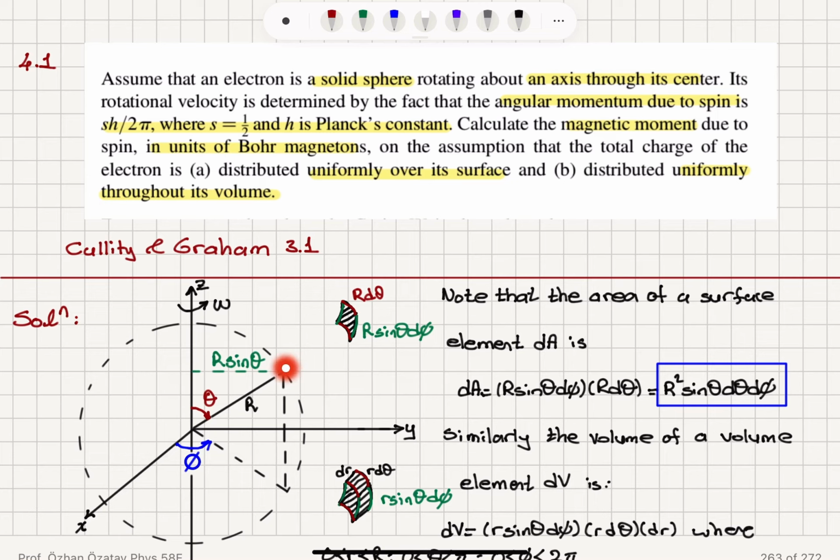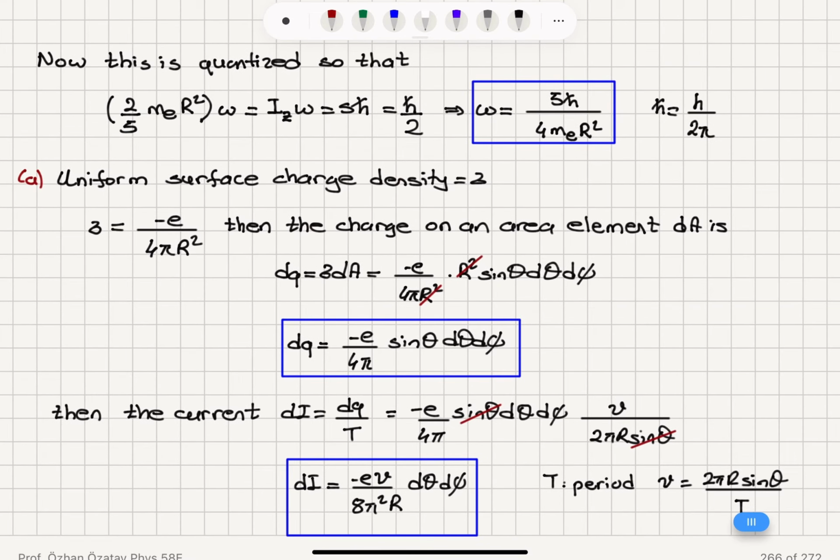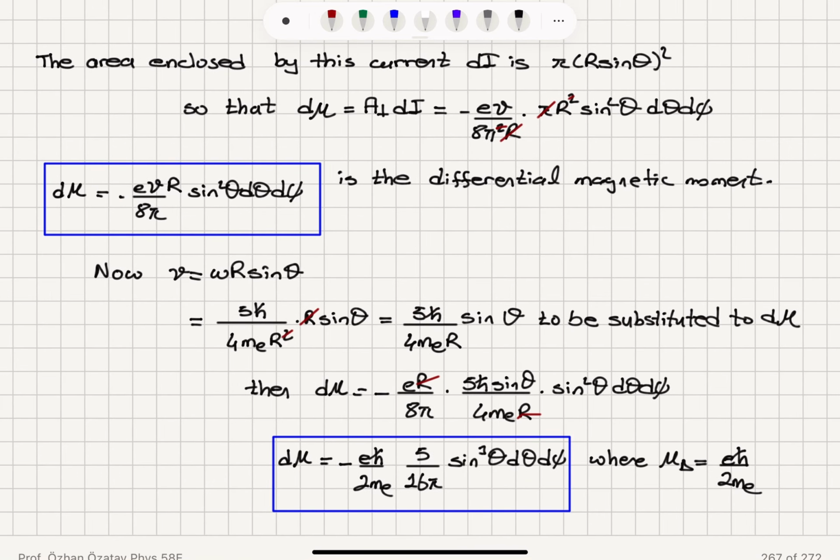If the current is flowing like this, the area vector points up, so it's a perpendicular area, which is basically the area of the loop. So I multiply this current dI with the area of the loop, pi times (R sine theta) squared. That gives me d mu.